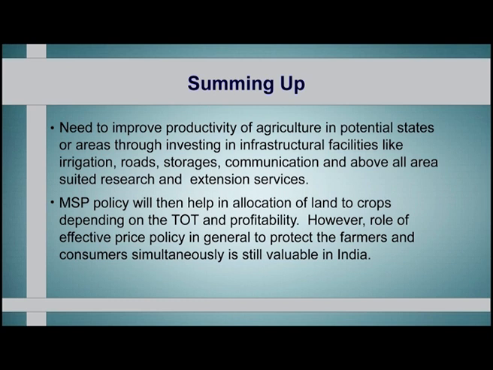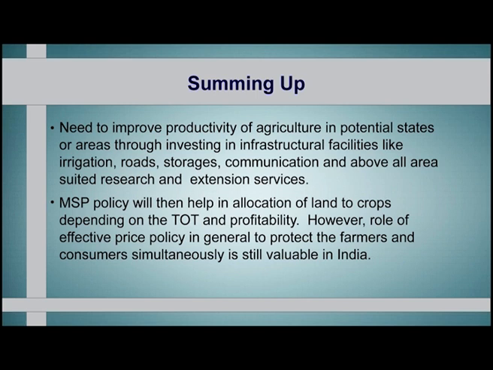One has to take into consideration the research and extension activities for raising this productivity. Minimum support price policy will then help in allocation of land to crops depending upon terms of trade.